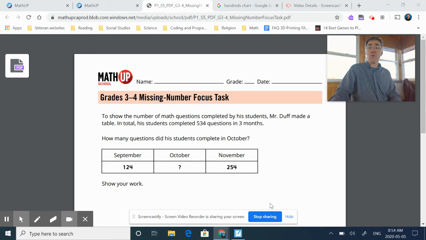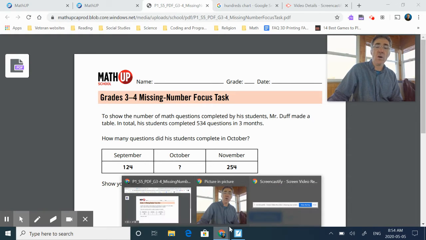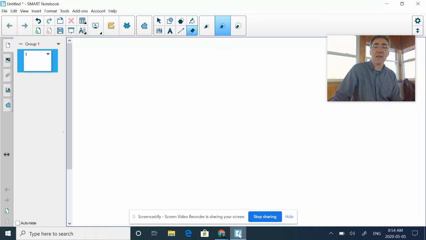Right off the bat, when I look at this, I want to pull out the keywords. First one that jumps out at me is in total. In total, his students completed 534 questions in 3 months. So I know that's the overarching total that I'm looking to find at the end.